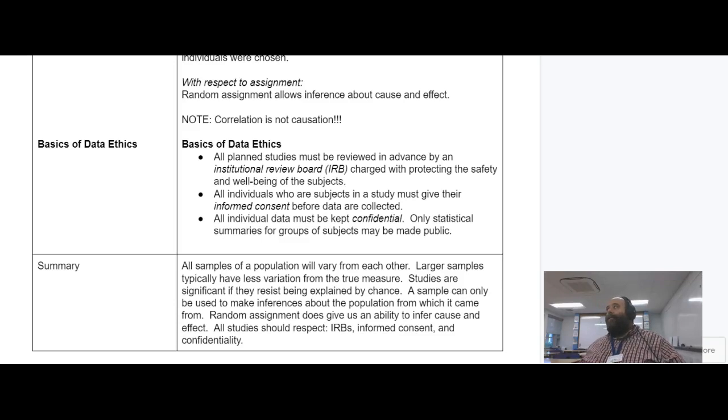Okay, so you can release data in the aggregate. You cannot release it on the individual level because people have a right to their own information. So the buying and selling of personally identifiable information, as far as the AP exam is concerned, is no. Okay? Unless you have given consent for somebody to release your confidential information, it should not be shared.